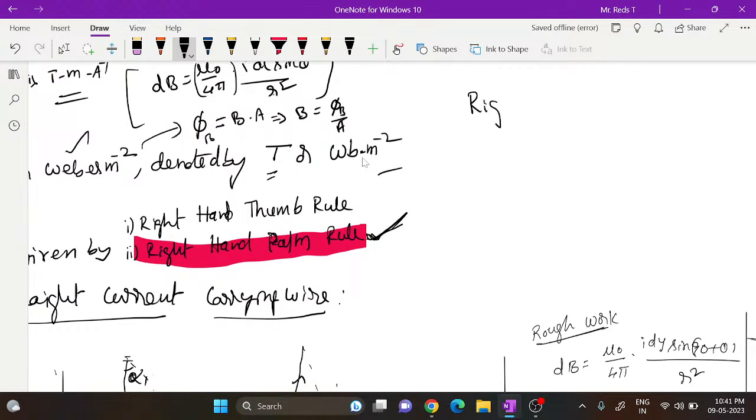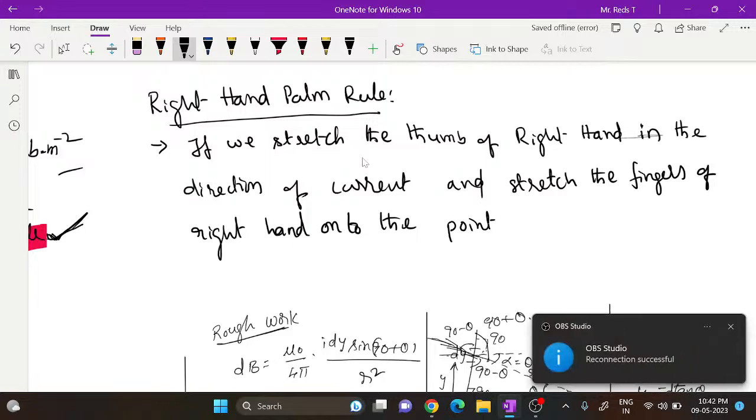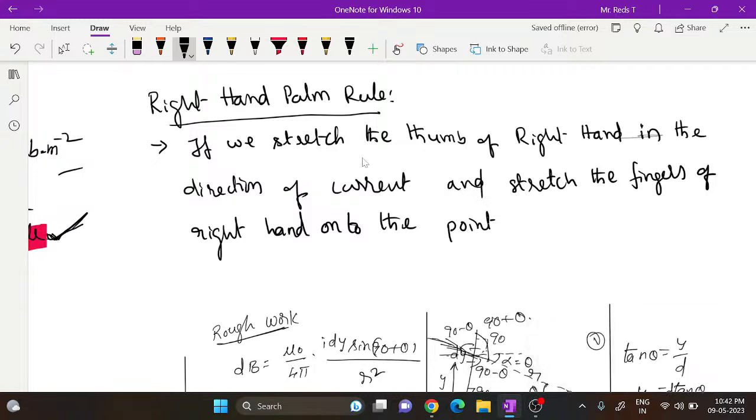The right hand palm rule says: stretch the thumb of the right hand in the direction of current and stretch the fingers of the right hand onto the point where you want the magnetic field, or simply onto the point of consideration. Then the direction of the palm gives the direction of the magnetic field B.